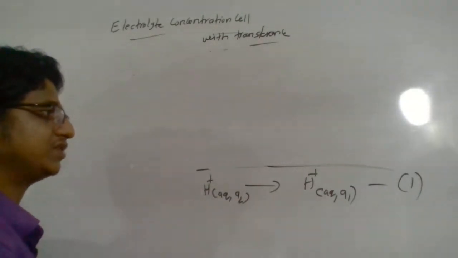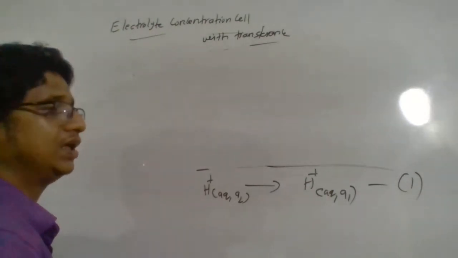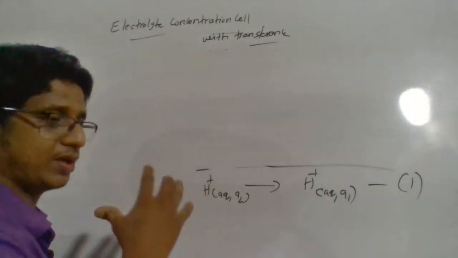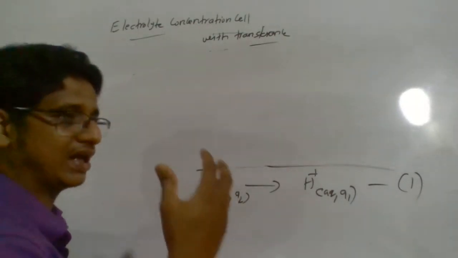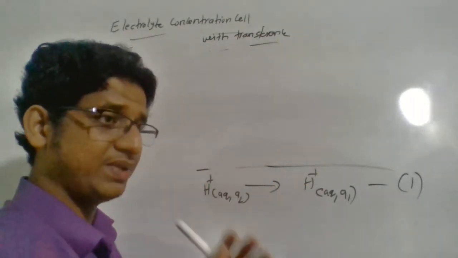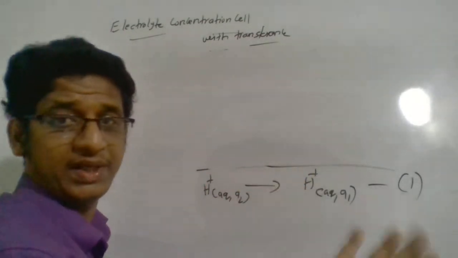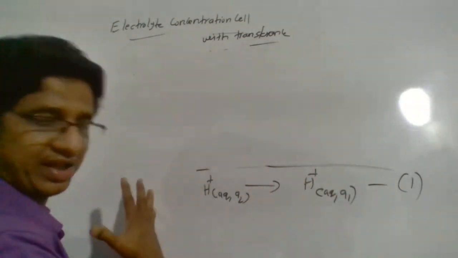So with respect to that, we know we are taking HCl solution. So one thing you can imagine, now H plus ion will be moving from left to right, and at the same time you will see at the right hand electrode H plus ion concentration decreases, which means now Cl minus concentration will be higher there. So chloride ion can move from right to left.